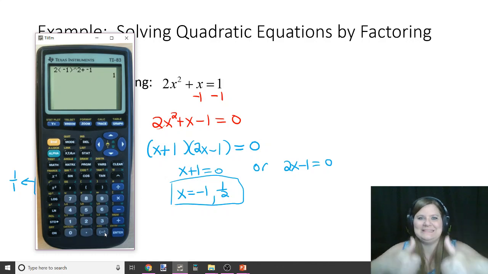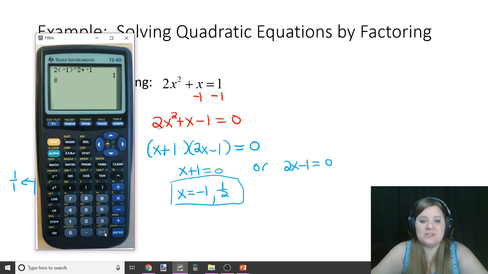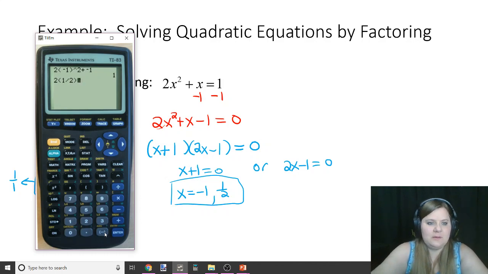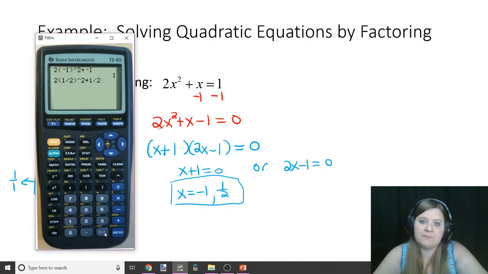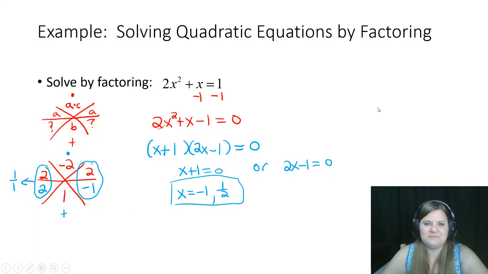Hey, look, it equals 1. Okay, now let's do the same thing with 1/2. 2 times 1/2 squared plus 1/2. Now, I do know some people like to do the little fraction symbol, but remember that fractions and division are the same thing. So just using divide is fine, and voila, it comes out to 1. So I've checked it, yes.